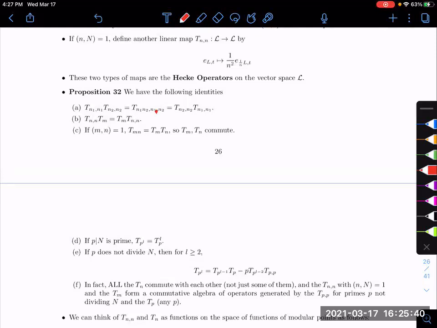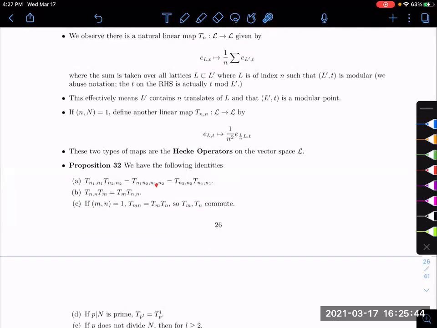So that's nice. So that really describes the commuting relationship amongst operators of the second type.